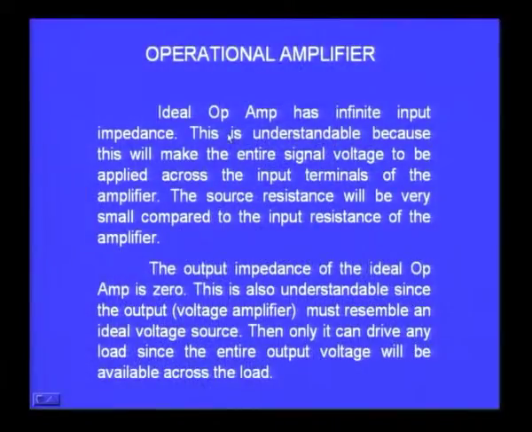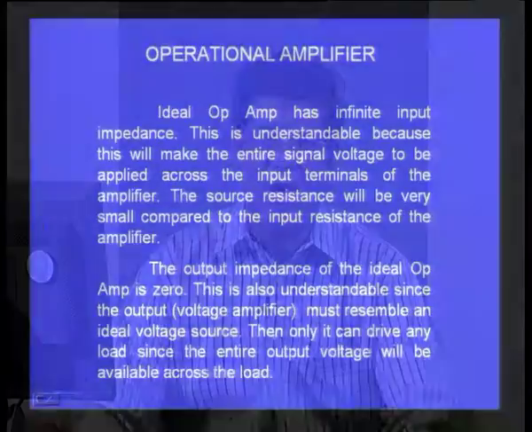We will try to look at this in some detail now. An ideal op amp has infinite input impedance. Of course, this is understandable, as I already mentioned, because when I apply a signal from a signal source, the entire signal should be applied across the amplifier. I do not want anything to be lost, but all sources have a source resistance or source impedance.